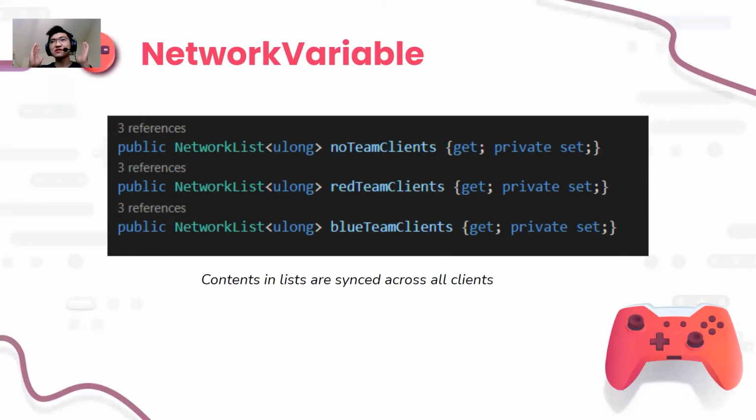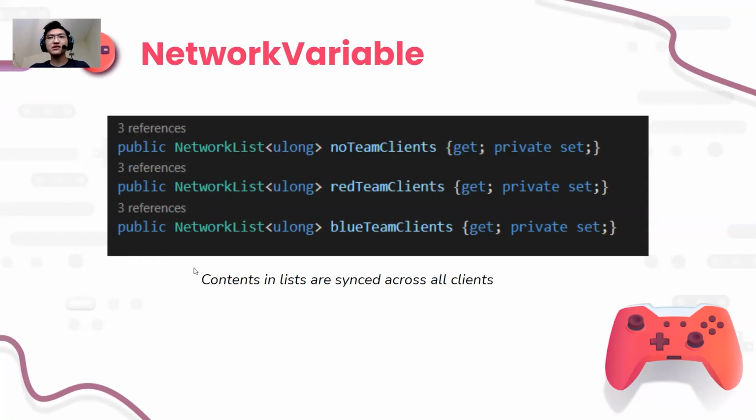If you remember, if this was just a plain old list and you added a new element to it on the server, nothing would happen to the client without you writing the explicit code to update it. So the network list by default updates the list for everyone else.